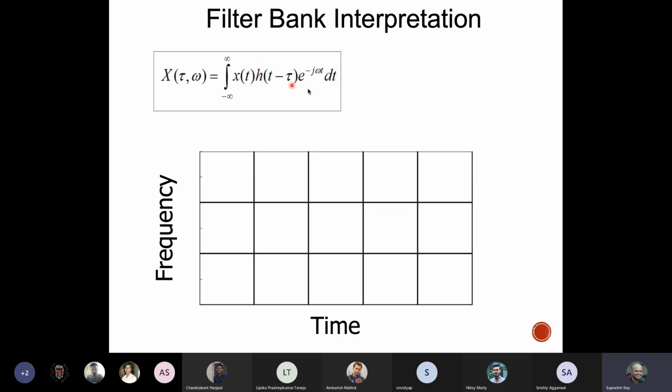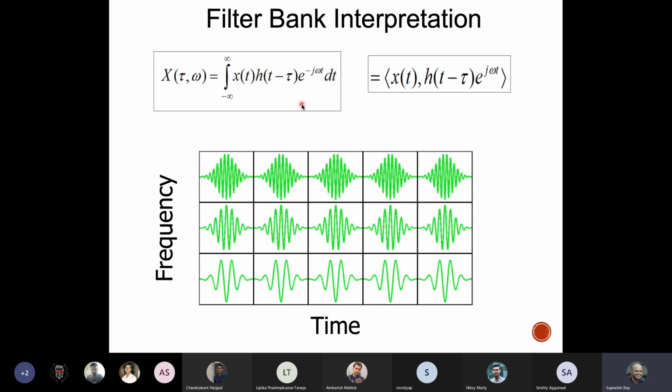So this h(t) multiplied by e to the power minus j omega t is now a filter which is low pass here, but it's translated by this frequency. So it becomes a band pass filter. If I didn't have this h(t) at all, I would be thinking of a rectangular filter sitting at omega here. Okay, so this is how I think of this.